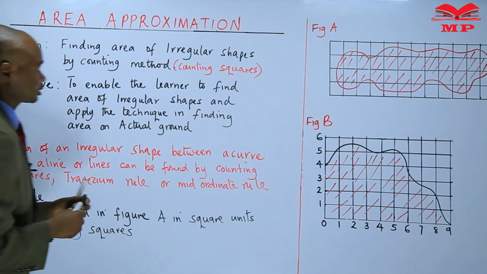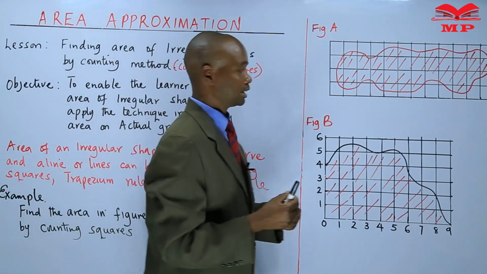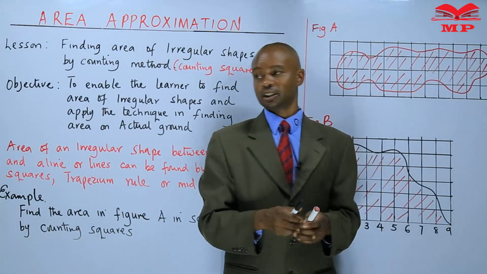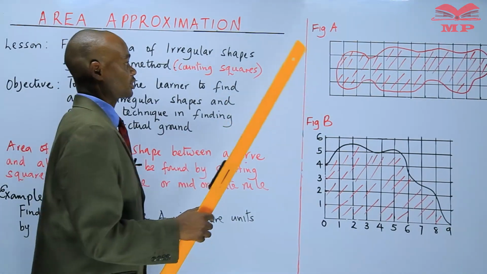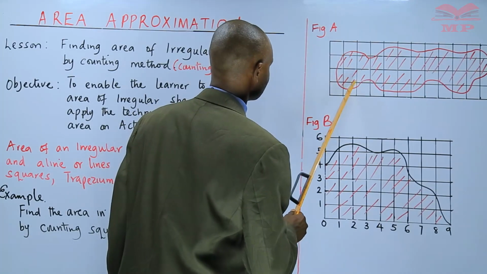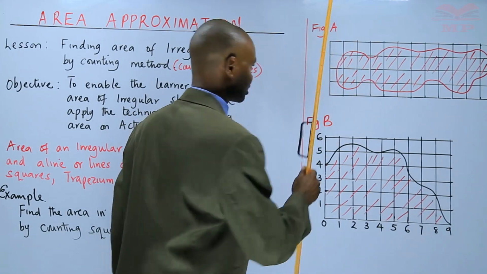So as the lesson goes, it is trying to help us to get the area when the boundary is irregular. When the boundary is irregular. These are the square units, 1, 2, like that.